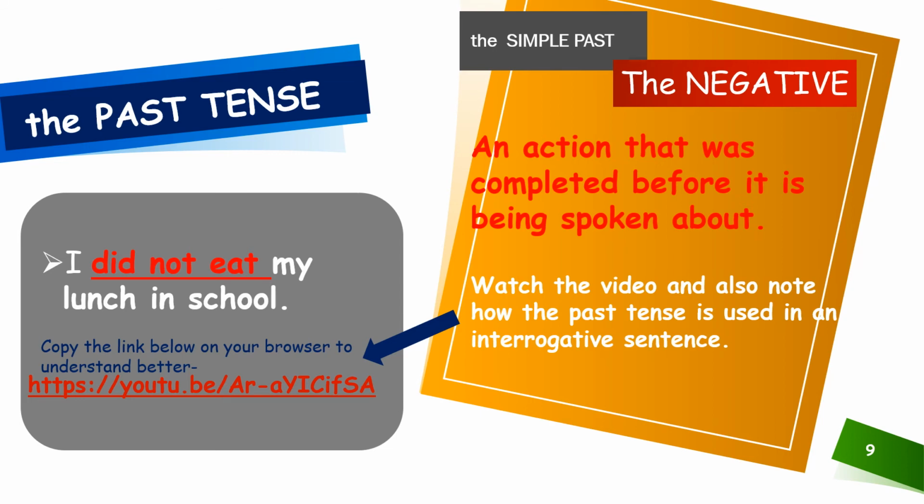Most of you make this mistake, students. I did not ate, you did not came, you did not told. All these are wrong. But most of you have been speaking this kind of wrong English all the time, and you seem to think that it is correct, but it isn't.